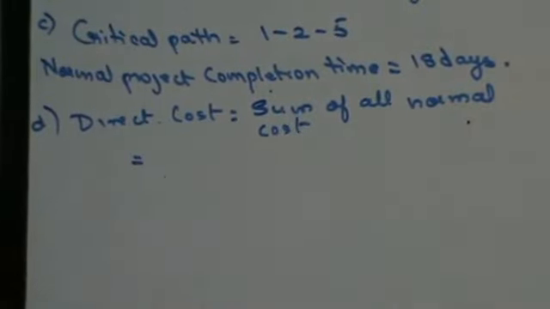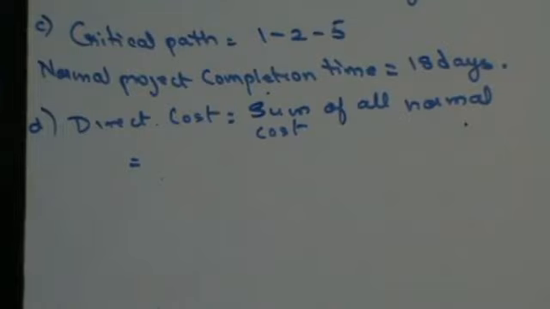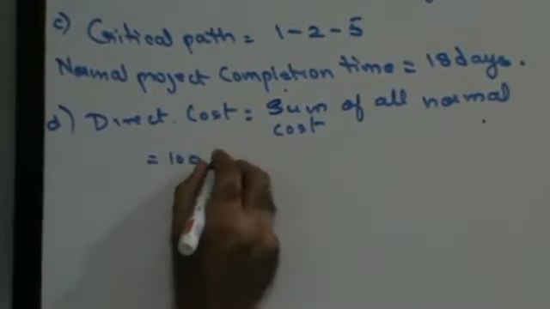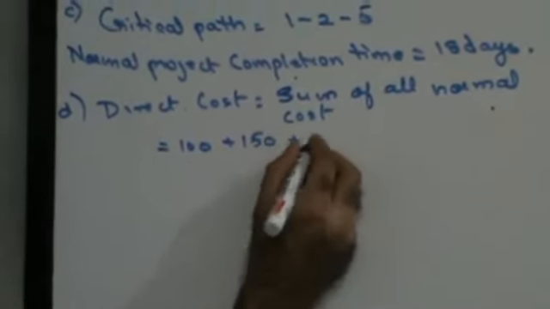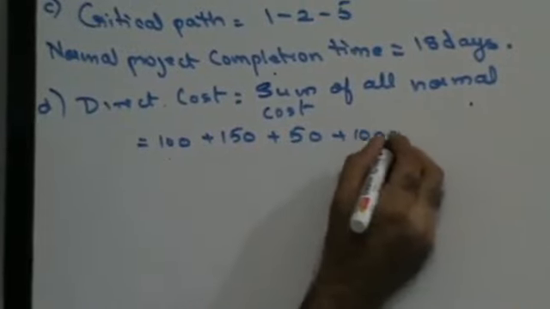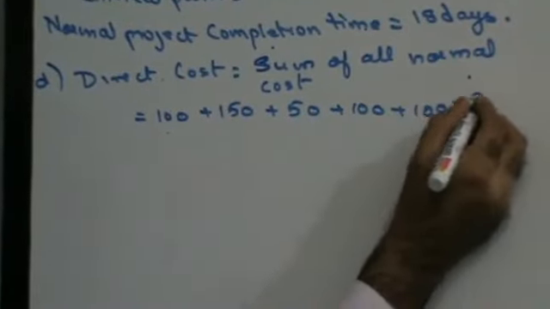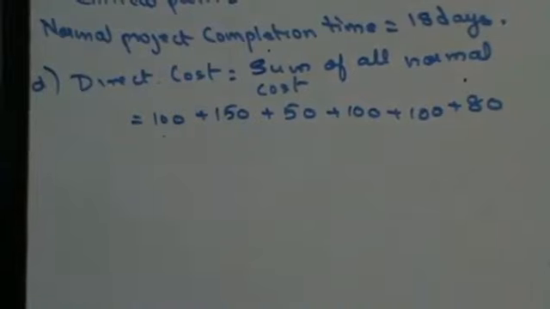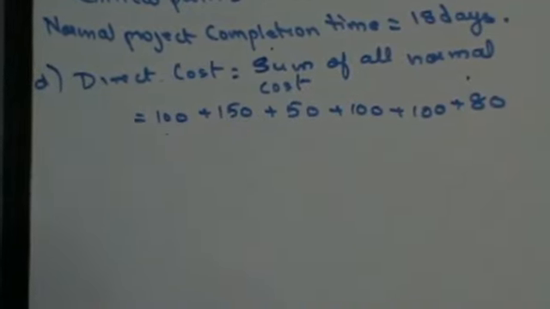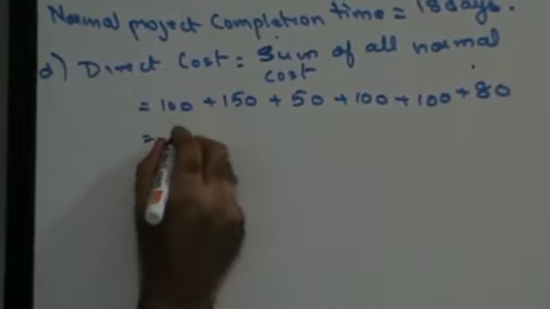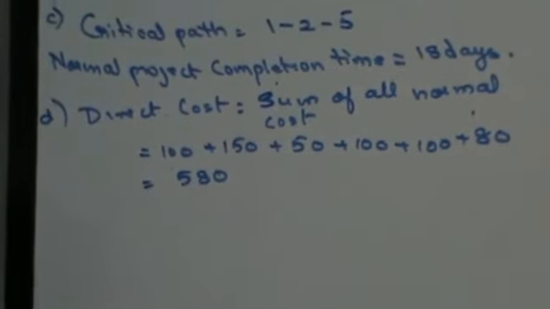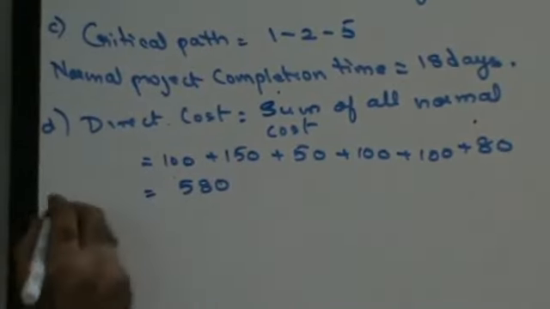So if I add all the normal costs in the sum that is given to me, that is 100 plus 150 plus 50 plus 100 plus 100 plus 80, I'll get my total as 580. That's my total direct cost.